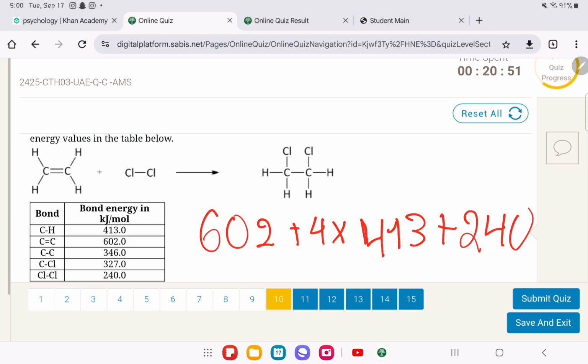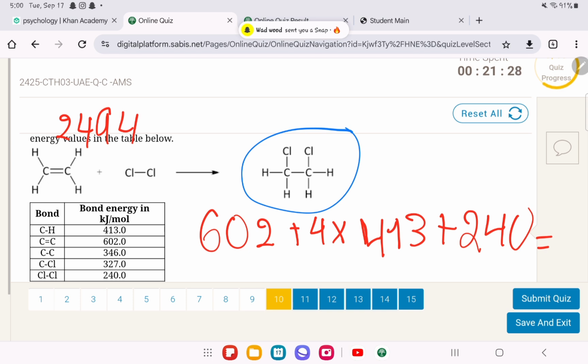So when you do it on the calculator, we have 602 plus 4 times 413 plus 240. We're gonna get 2494.